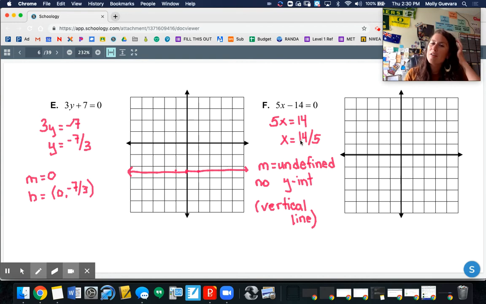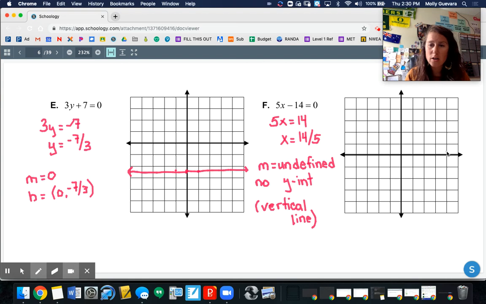And then F, because I only have an x value, I don't have a y value, that tells me that this is a vertical line. Well, a vertical line is not going to have a y-intercept. Wherever that vertical line is, it's not crossing the y-axis at all. So the slope is undefined and there's no y-intercept.